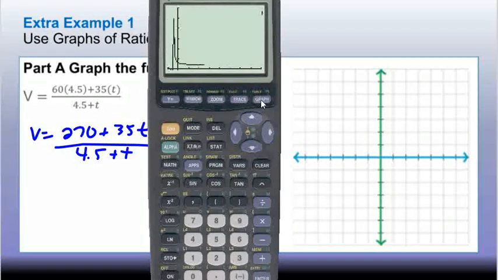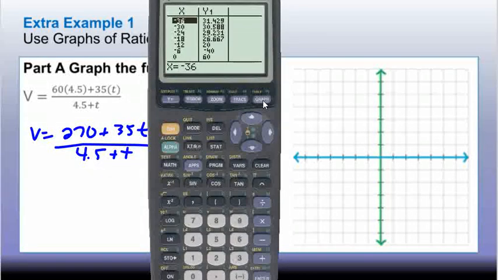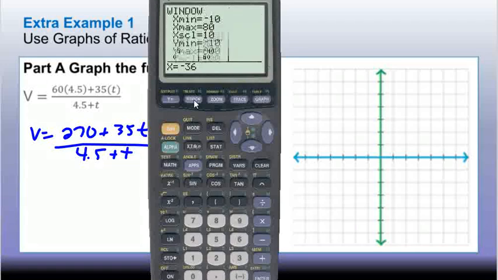If I hit graph, there you can see our graph here. So second, table. Right now mine's counted by sixes because we changed that before. For this one, let's count the x's by fives and the y's by tens. So let's go negative 20 to a positive 20. Count by fives.